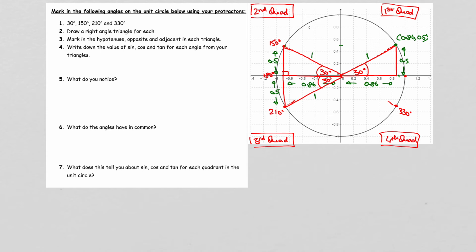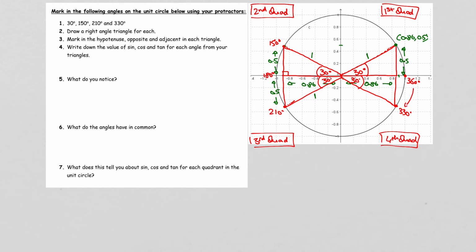And again, if I go to 330 degrees, well, I've rotated 330 degrees from the point 1, 0 in an anticlockwise direction, but with respect to the x-axis, it's 30 degrees again. In other words, if I go full rotation, that's 360 degrees.